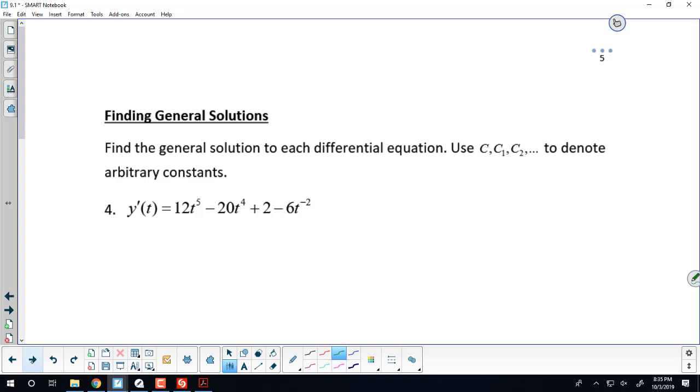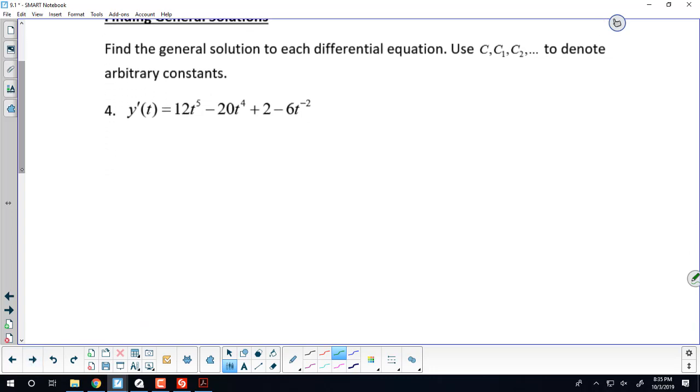So the general solutions to an equation like y prime equals 12t to the 5th, etc. To find the general solutions, just use C1, C2, etc. for the arbitrary constants. So this is just an antiderivative problem.